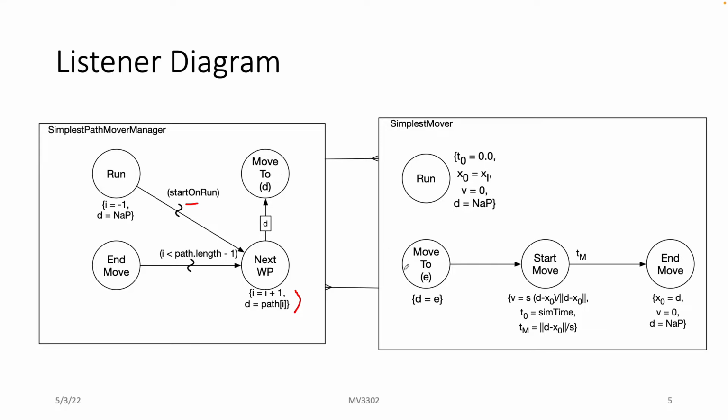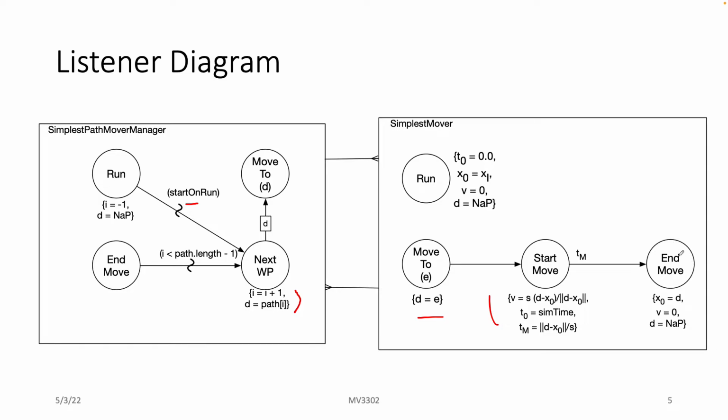And now, because my simplest mover is listening for that, it will hear a move to event with, in this case, a point 2D as its argument. And what does it do? It will simply do what it did before. It will set the destination to that argument, schedule the start move event, do all the calculation that we did before, schedule the end move event, and then it's done.